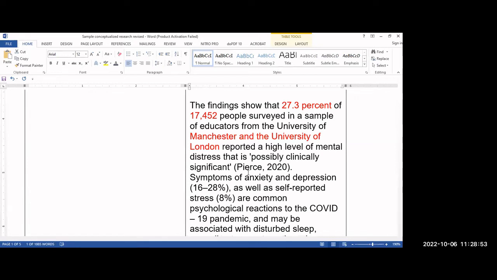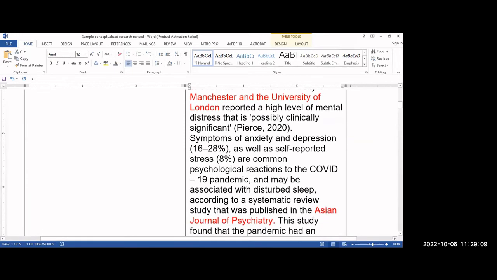So just like this in the University of London, there is a mental distress. So that is related to psychological well-being, and the educators experience anxiety and depression. These are common, and stress, self-reported stress, which are common psychological reactions to the COVID-19 pandemic.